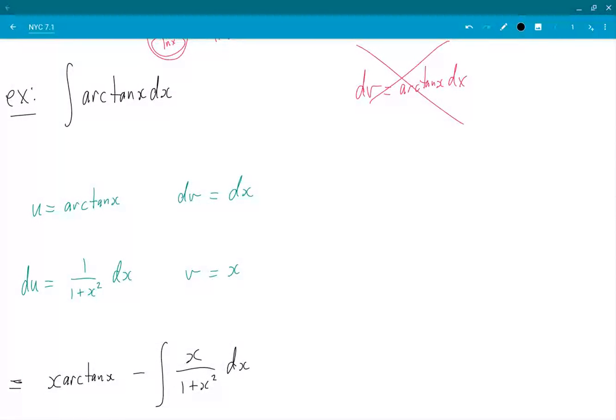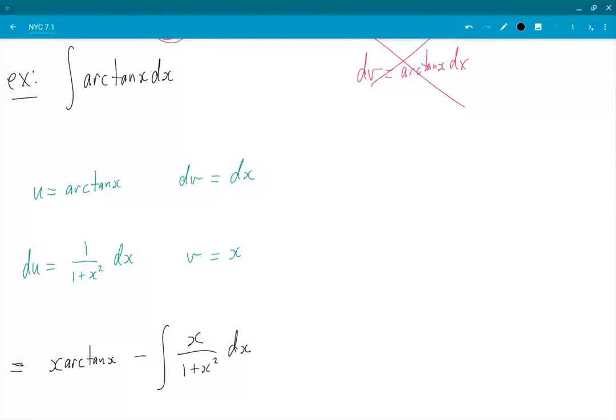Now, what I notice here through experience and practice with substitution is that a substitution is going to work right here, because I see that if I choose my u sub to be the denominator, then I will be in business.